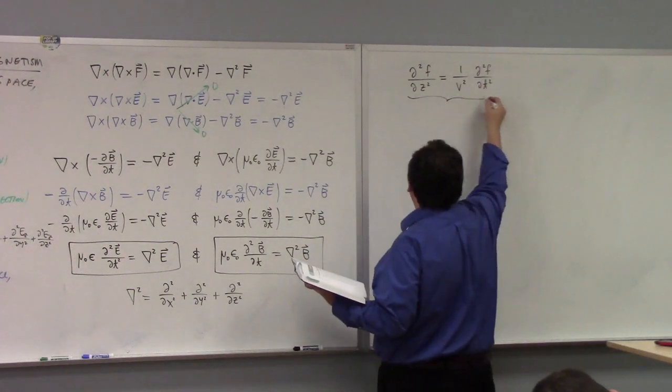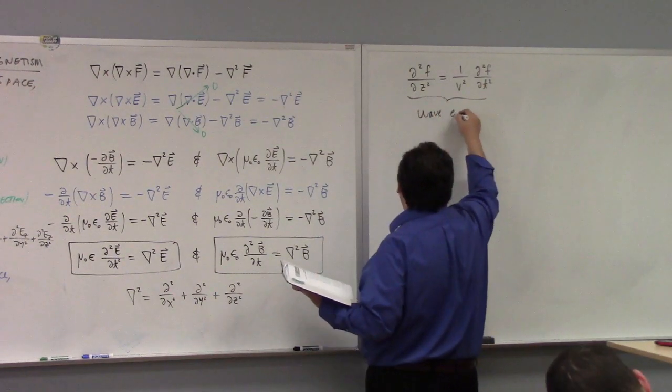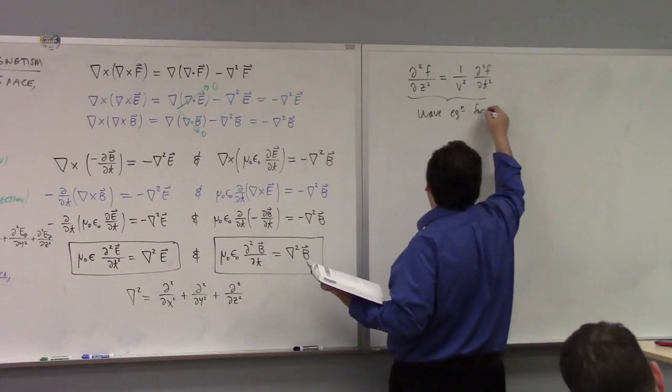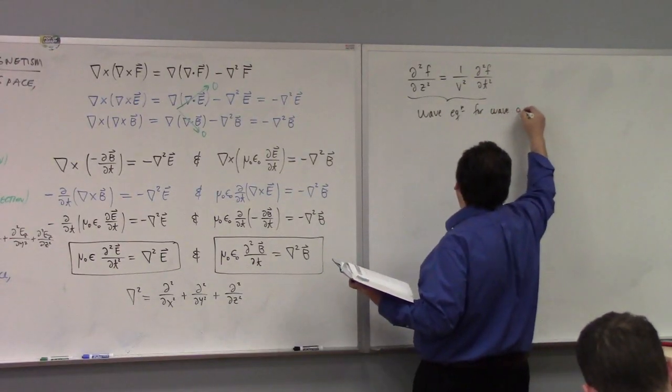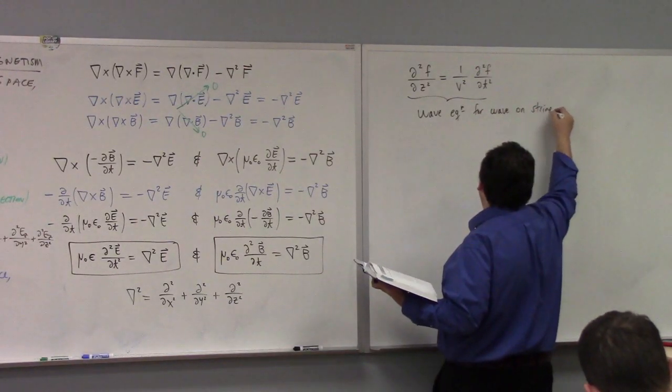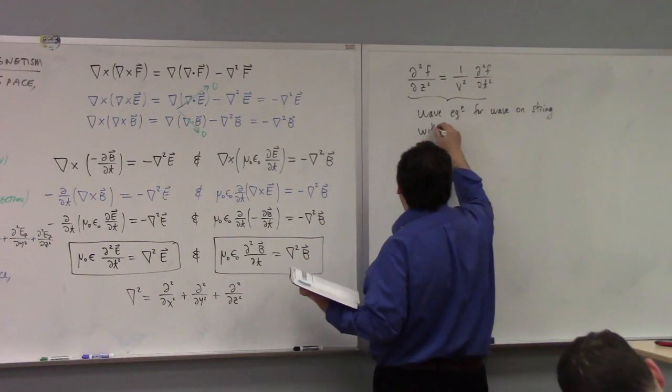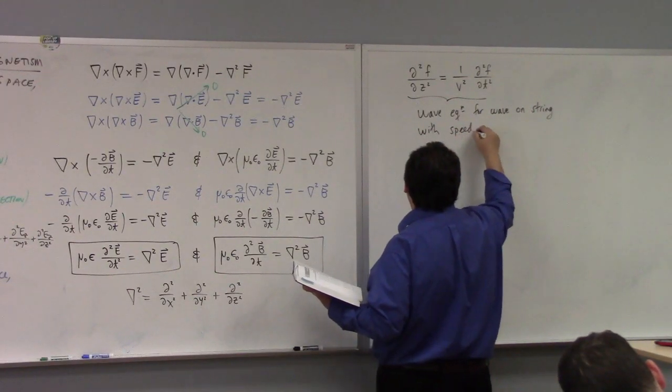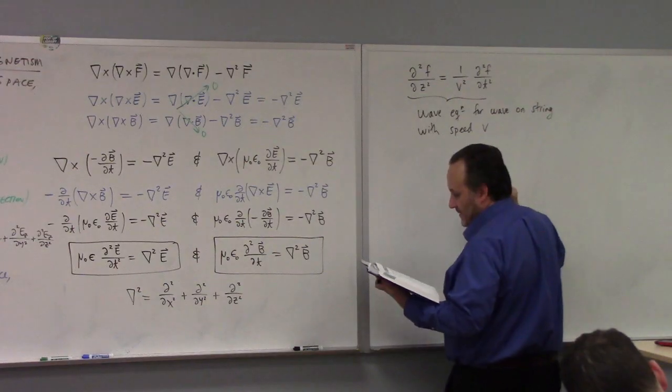This is the wave equation for waves on a string with speed v.